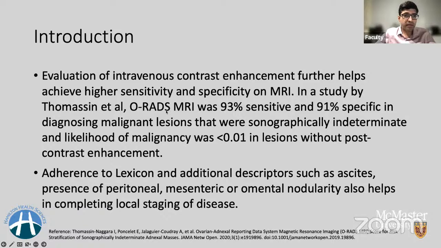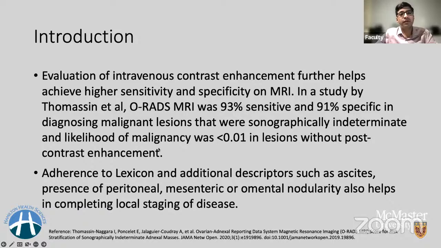In a study by Thomassin et al., I have given the reference here, they saw that O-RADS MRI was 93% sensitive and 91% specific in diagnosing malignant lesions. And that's exactly what you want. You definitely want to handpick those malignant lesions and make sure that they are fast-tracked for their management. And this is in cases where these lesions were sonographically indeterminate, and the likelihood of malignancy in those indeterminate lesions was less than 0.01 in lesions without post-contrast enhancement on MRI.